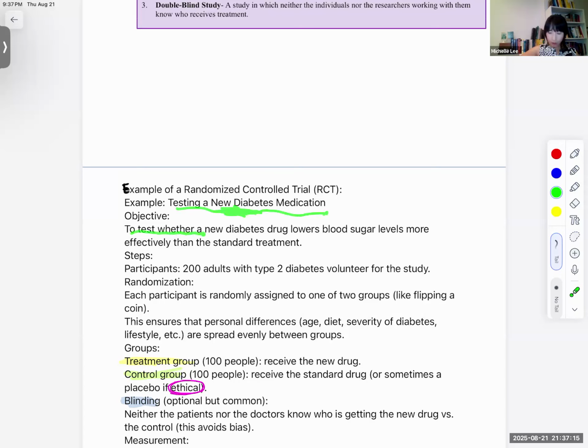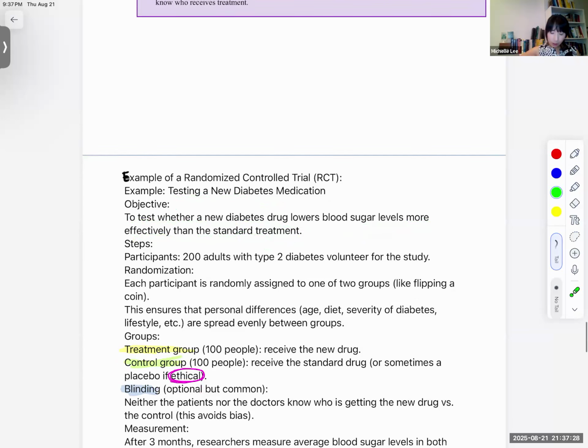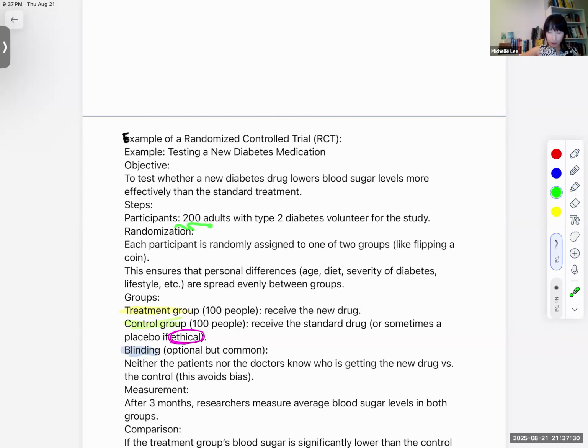To test whether a new diabetic drug lowers blood sugar levels more effectively than the standard, regular drug. 200 participants with type 2 diabetes volunteer for the study. Randomization: each participant is randomly assigned to one of two groups.